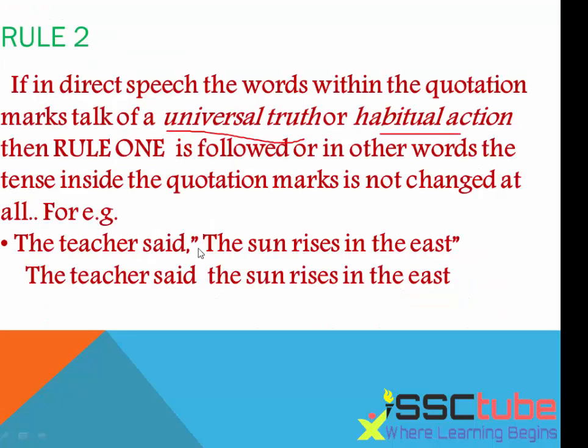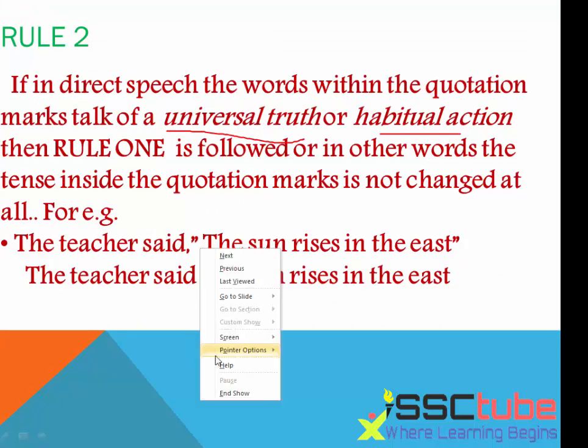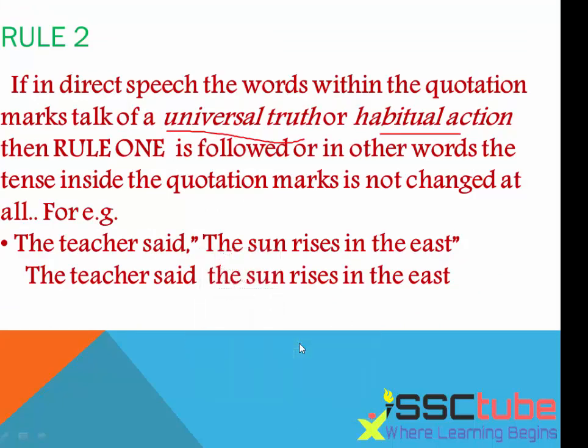In other words, the tense inside the quotation marks is not changed. For example, the teacher said the sun rises in the east. The sun rises in the east every day, so it will remain the same. There will be no change in the tense of the reported speech.